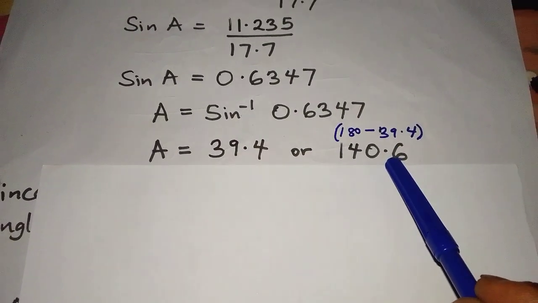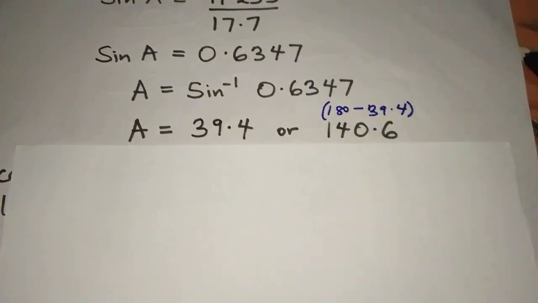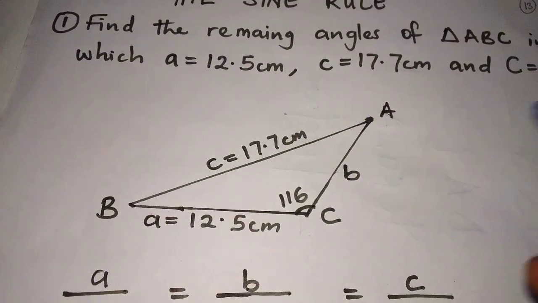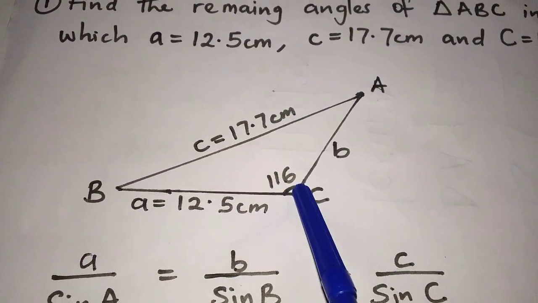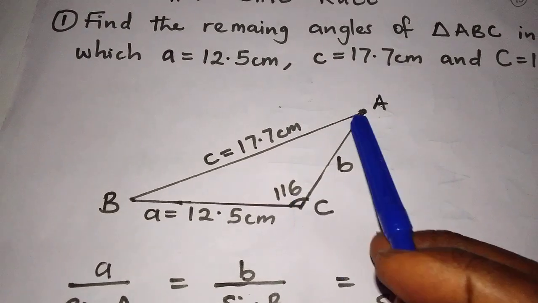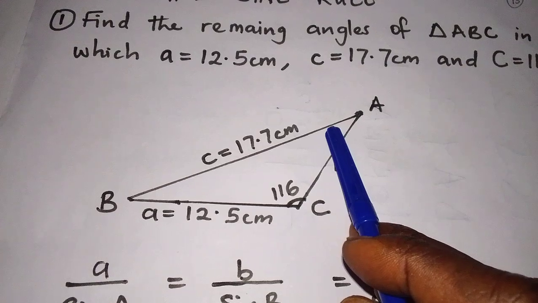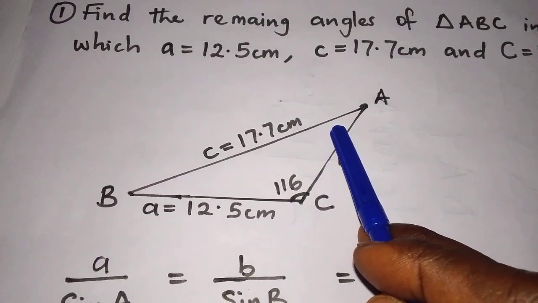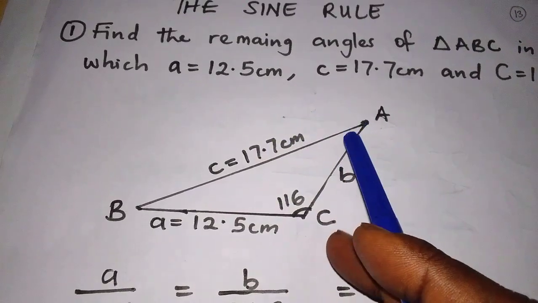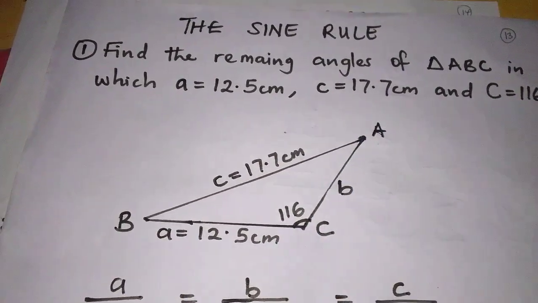Since we are given one of the angles in the triangle to be 116, which is more than 90 degrees, if any other angle is more than 90 degrees, the two angles would add to more than 180, which is not possible.